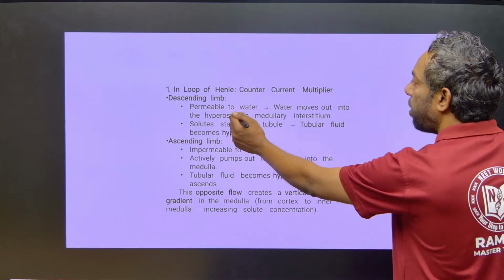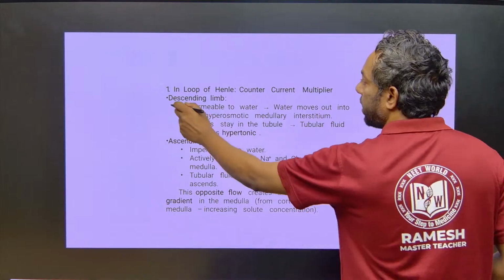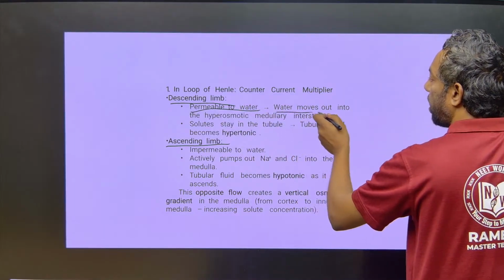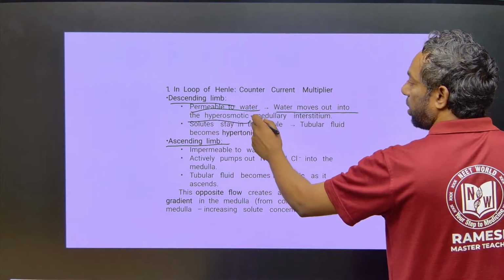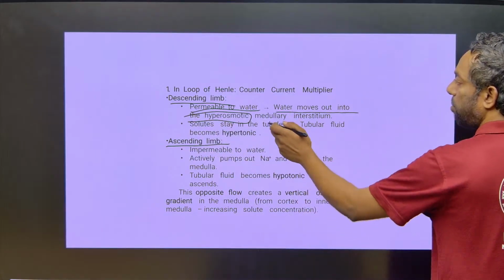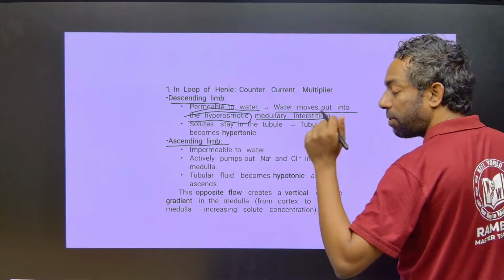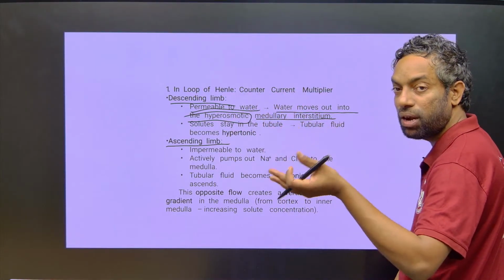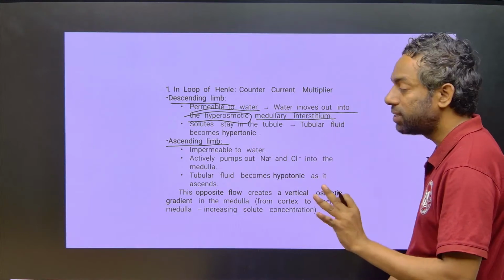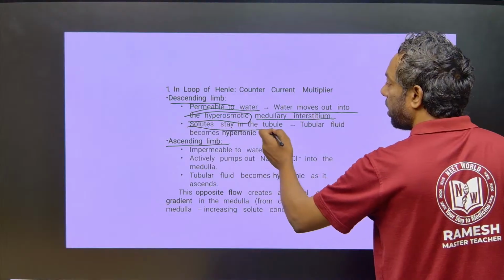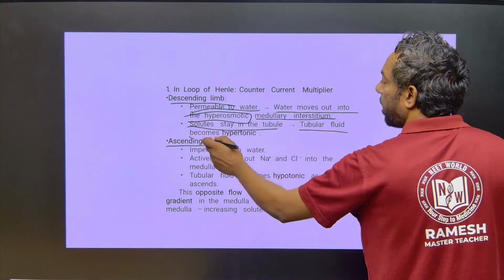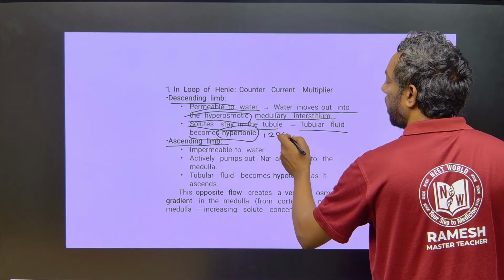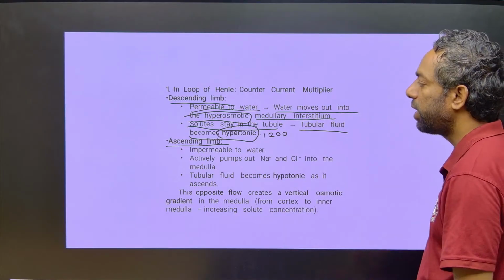In the loop of Henle counter current multiplier, the descending Henle limb is permeable to water. Water moves out into the hyperosmotic medullary interstitium and enters the medullary interstitial fluid. Solutes stay in the tubule, so the tubular fluid becomes hypertonic, which is 1200 osmolarity at the end of the descending Henle limb.